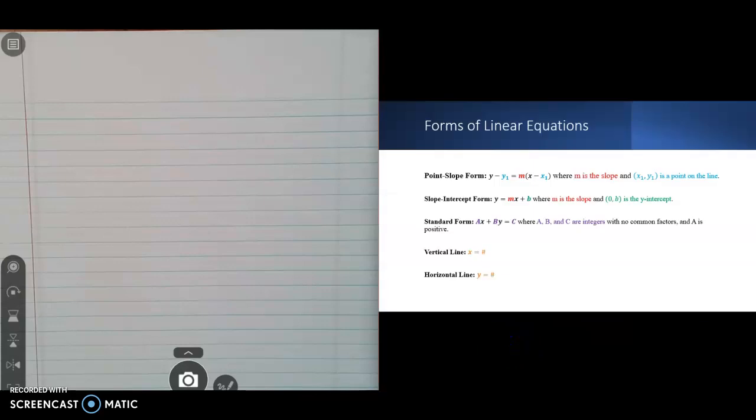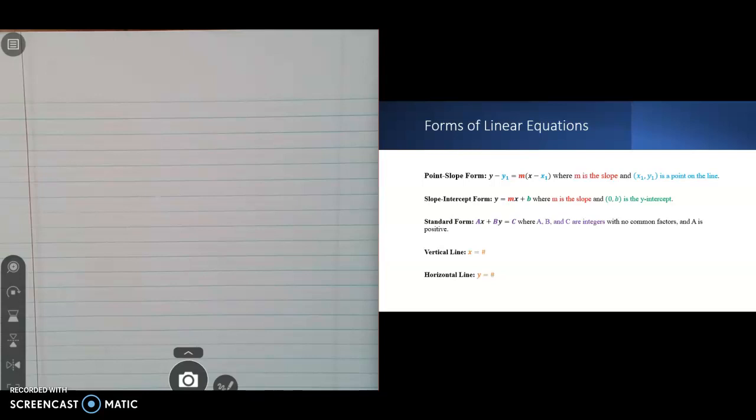So let's go over the different forms of linear equations. The first one is called point slope form because it requires a point and a slope to get started. So point slope form looks like y minus a y coordinate from a point that you have on the line equals your slope, which is the little m there, times in parentheses x minus the x coordinate of the point on the line.